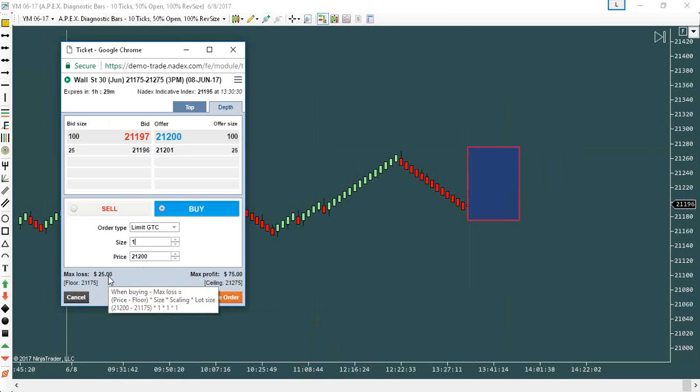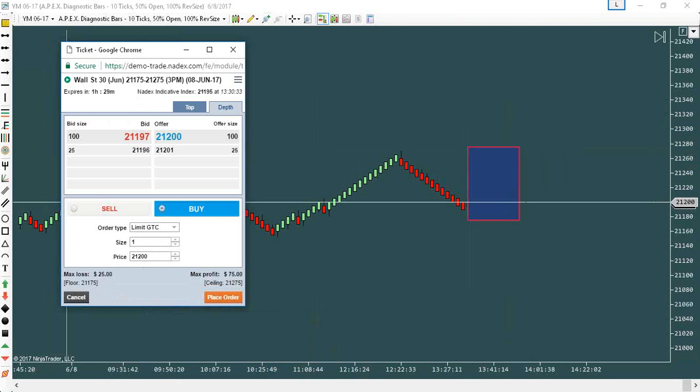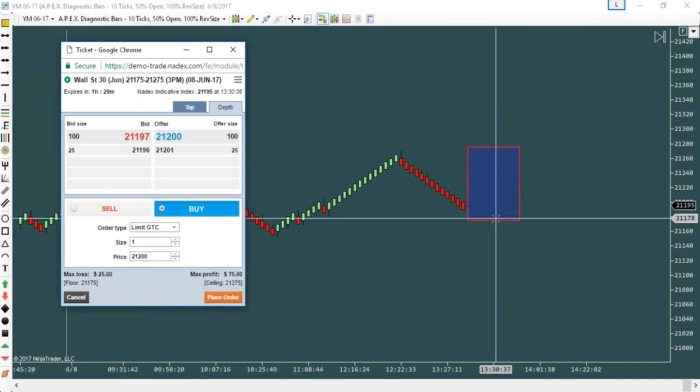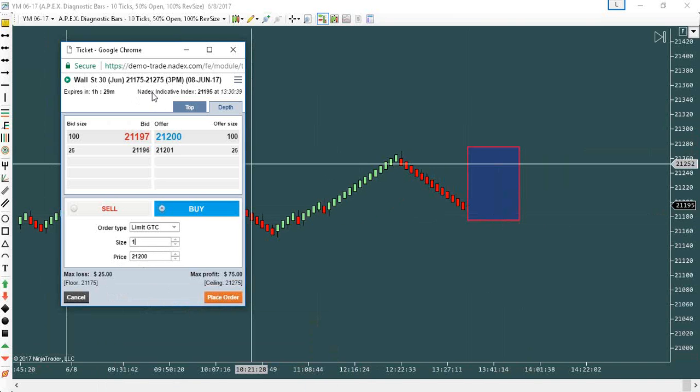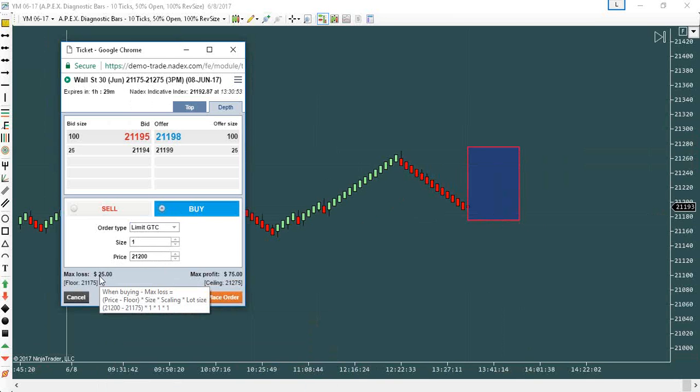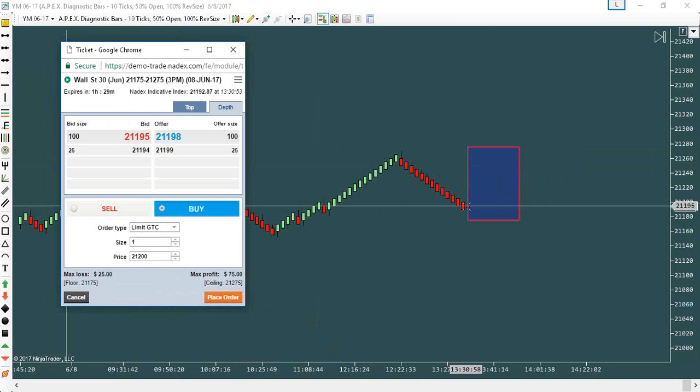$25. Well, why is that? Where is the floor? Where's the bottom of this spread right here? 21,175. So I can buy it right now for 21,200. So what's the difference of 200 to 175? The difference is only 25 bucks. Because if I'm entering right here and I think the market's going up, if I'm wrong and the market goes down, where's my max loss?